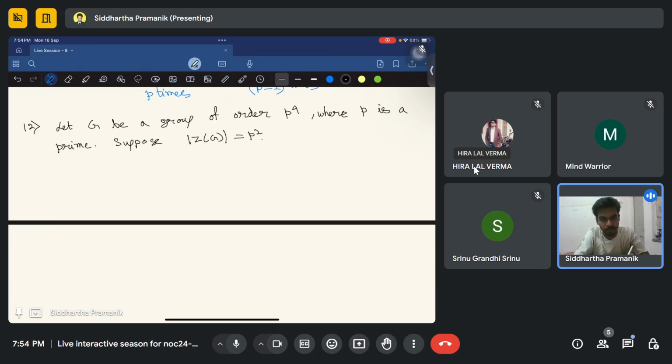So we are specifying the order of the center in this case. Then find the class equation of G. So the order of G is p to the power 4 and the order of Z(G) is p squared.